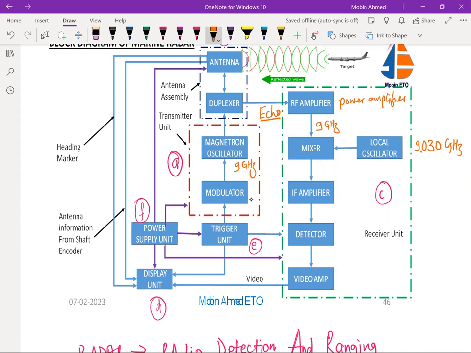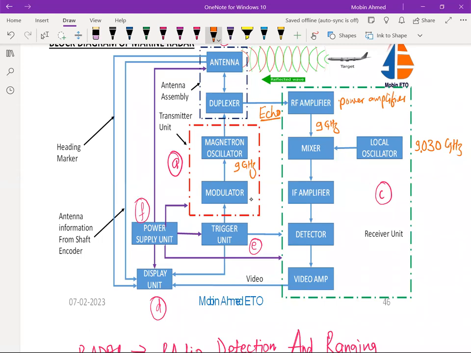Why are we doing this? Because if we use 9 gigahertz amplifiers, there will be 2-3 stages of amplifier, the space required is more and more cooling is required, because we want to amplify the signal. That's why we mix the received frequency and this frequency.